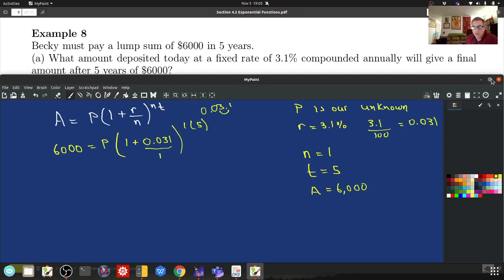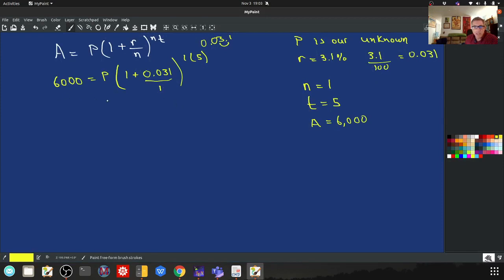So let's solve this equation. Remember, we're solving it for P. So this is 6,000 is equal to P times 1 plus 0.031 is 1.031 raised to the 5th.